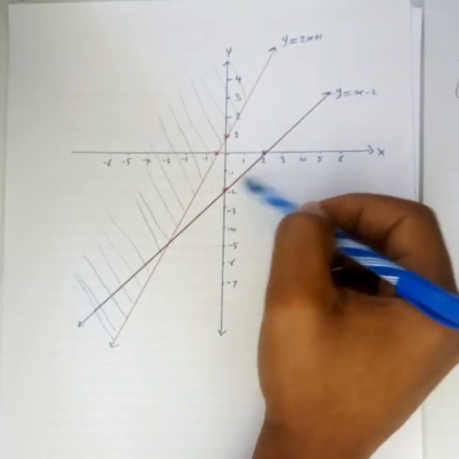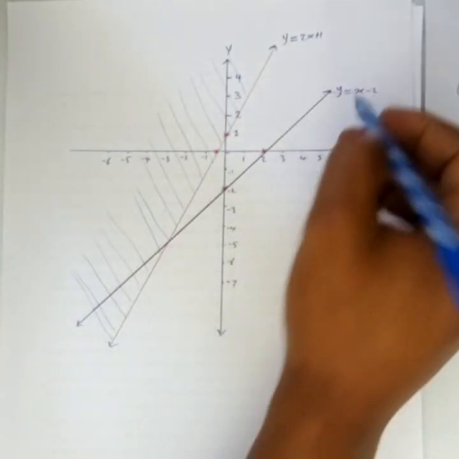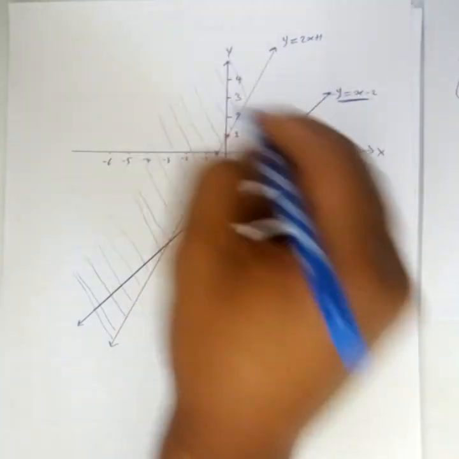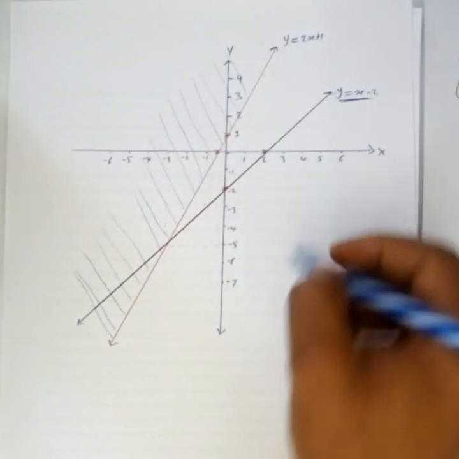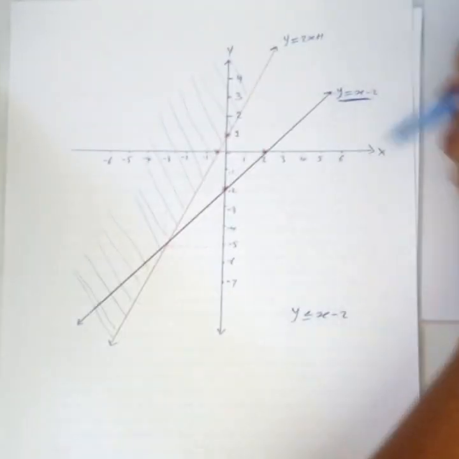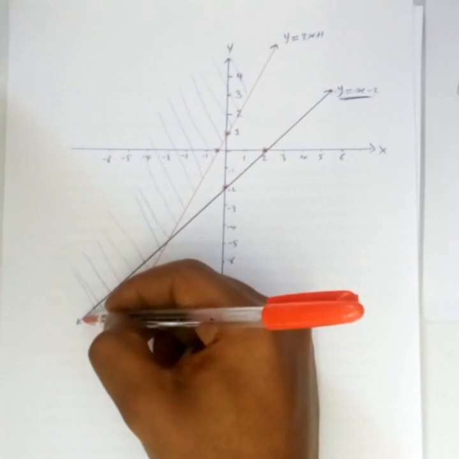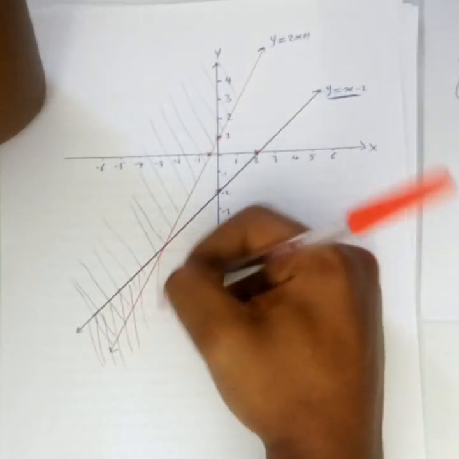Then the graph of y is equals to x minus 2, we have the following form, but our target is to determine the region where y is less or equals to x minus 2. That is below the graph of y is equals to x minus 2. Let us shade this by red color.